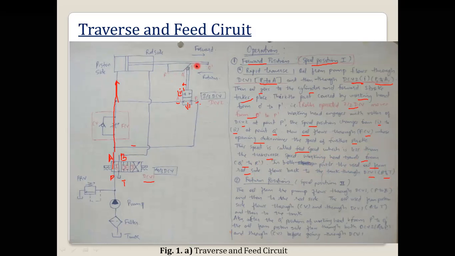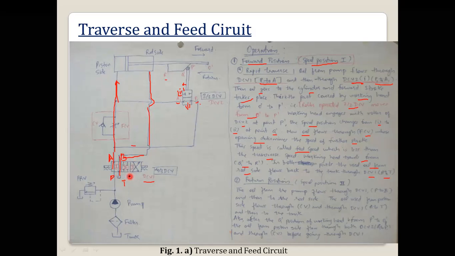So once the stroke is completed, when this roller reaches the R dash, that is the completion of the extension stroke. At that time, oil from the rod side will come to port B, and from port B it will go to the tank port.